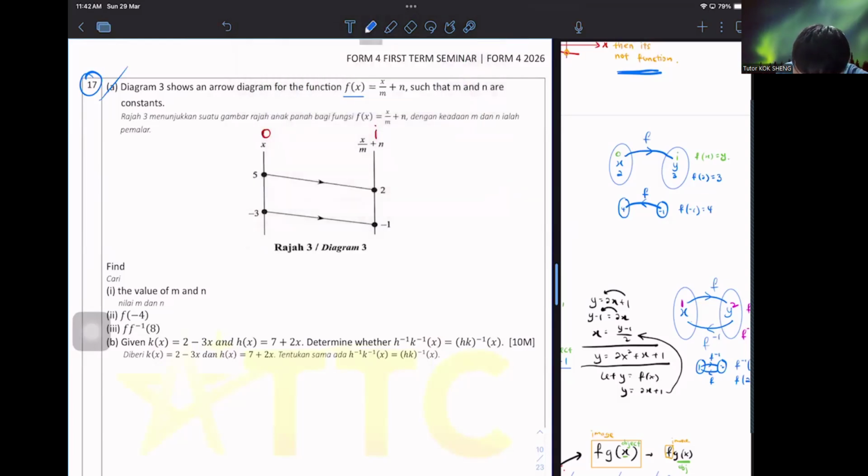So you have object 5, image 2. Object -3, image -1. So these are the two pieces of info given. Follow the direction. For the first one, find the values of m and n.